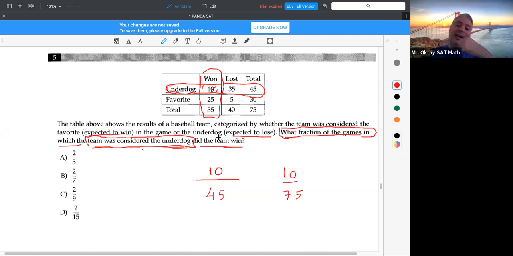What is the percentage they in reality won the game? I think this should be answered. Since we are emphasizing that we are looking at the things which are underdog, so 10 over 45, by dividing by 5 will be 2 over 9, which is answer C. Any question for this?